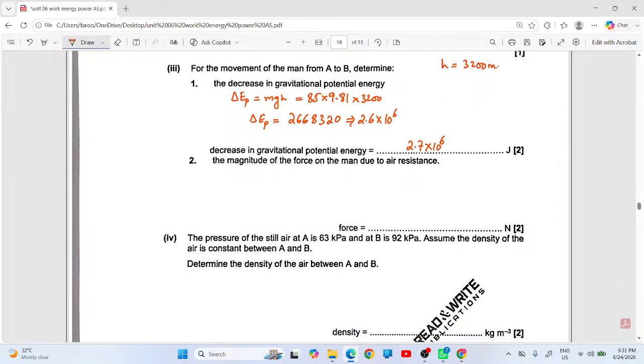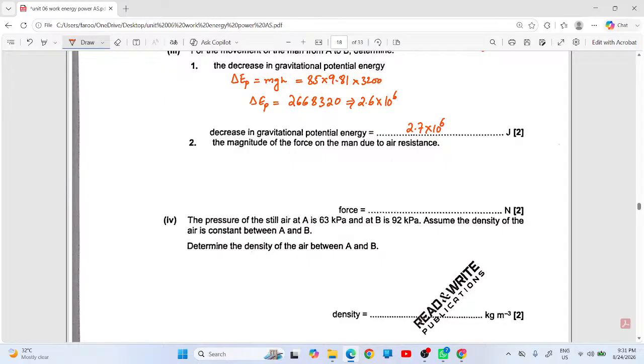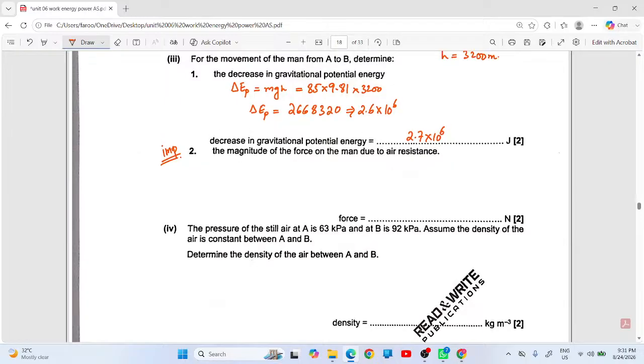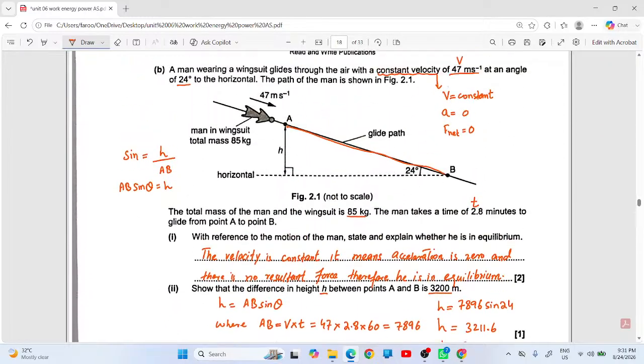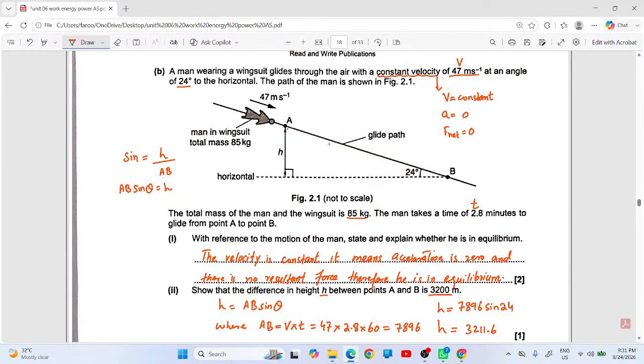Next is the magnitude of the force on the man due to air resistance. This is important. The man is coming downward.